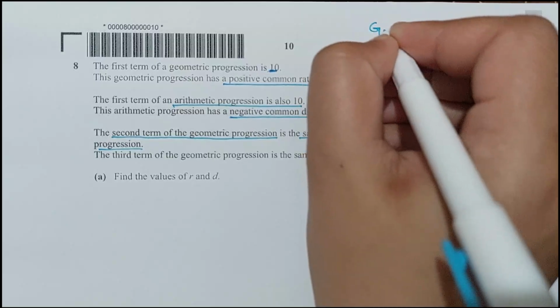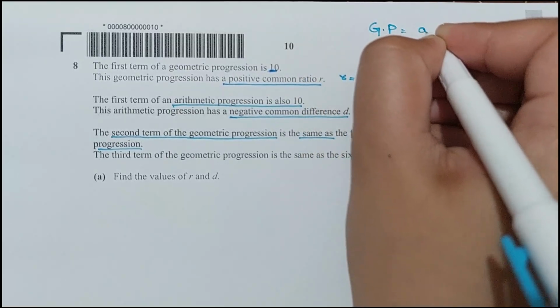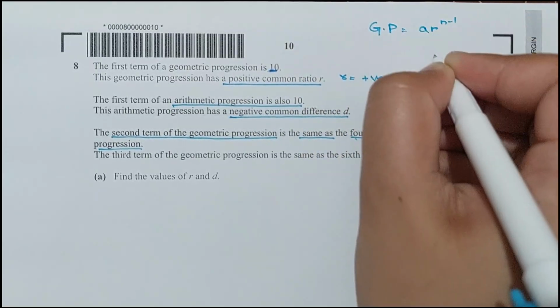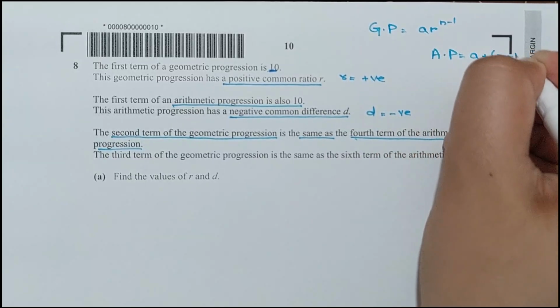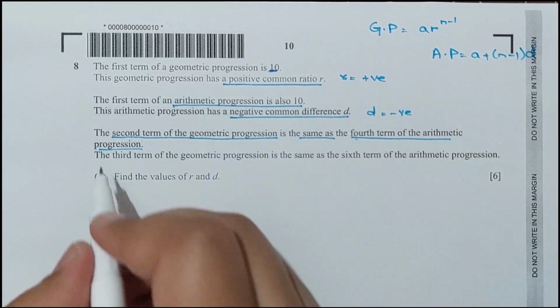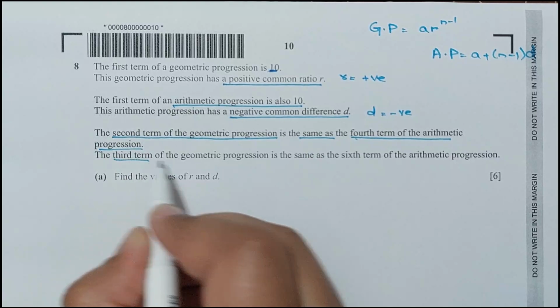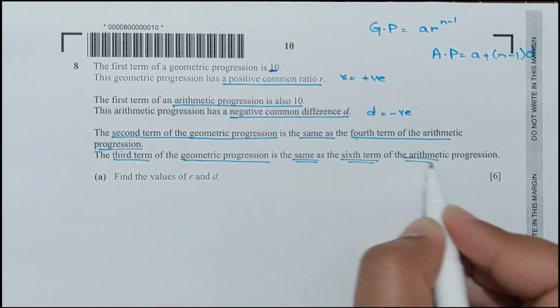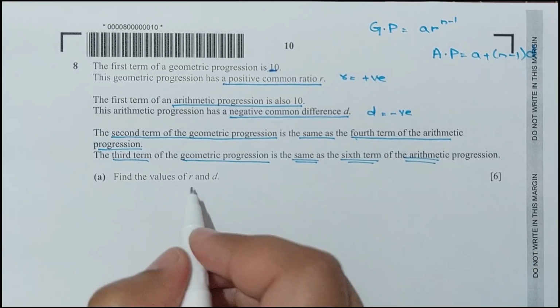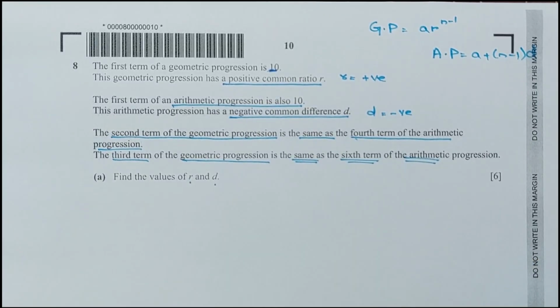The geometric progression has a term a r to the power n minus 1 and the arithmetic progression has a term a plus n minus 1 into d. The third term of the geometric progression is the same as the sixth term of the arithmetic progression. Part A, find the values of r and d.